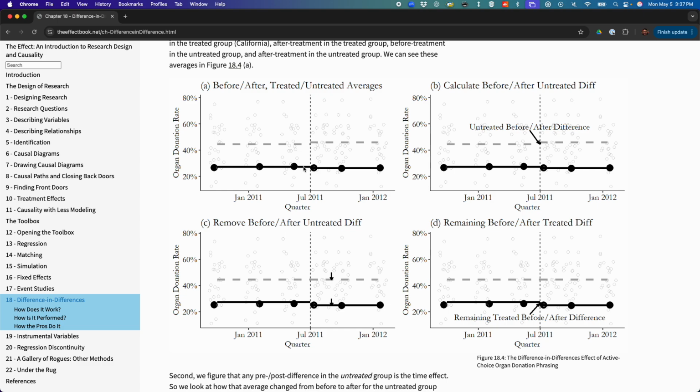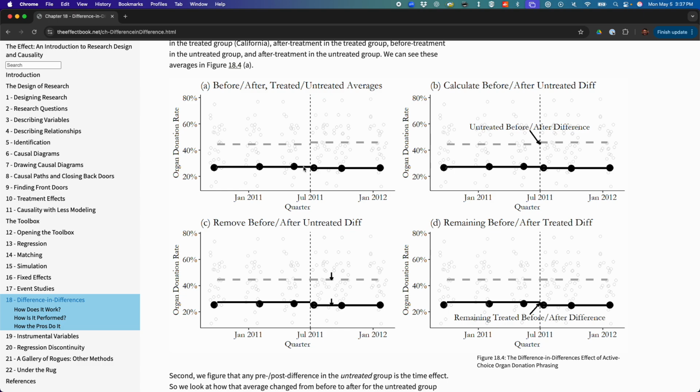The dotted line is the average trend for all of the other states that don't see treatment, and it goes up a little bit after the treatment event happens. The parallel trends assumption would be that California acts like all of these other states.